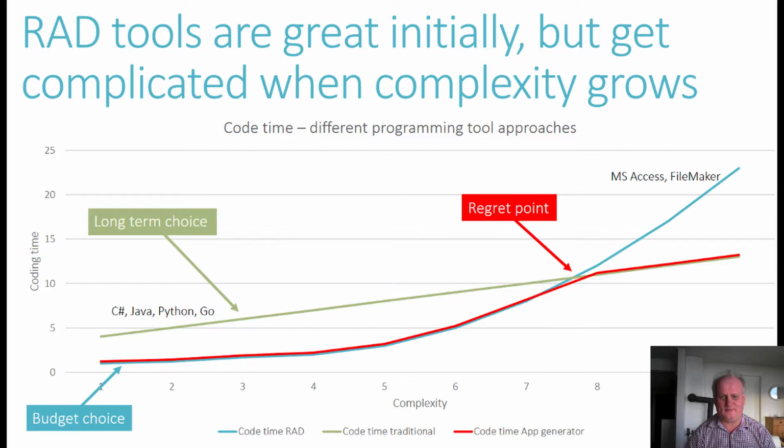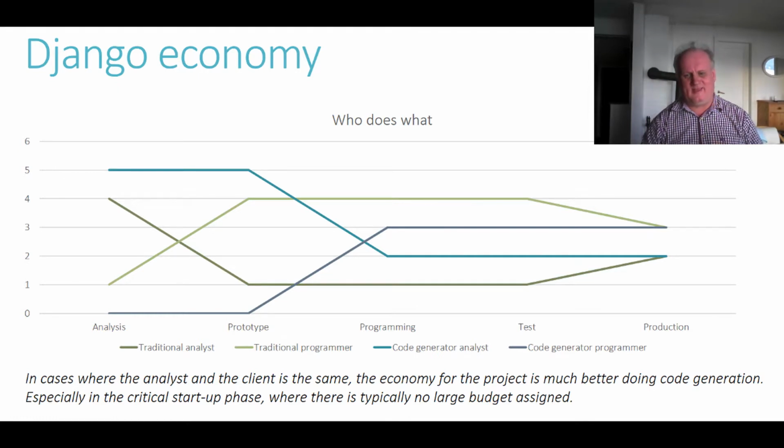Another thing which is very important when you're talking code generators and RAD tools, and here I'm just looking at Django: basically, if we chose a traditional Django development environment or we chose the code generator environment, what is the difference?